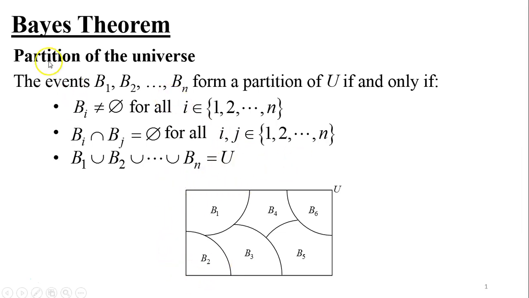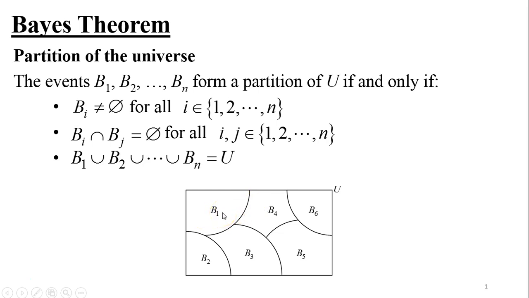Before we go through the conditions of these n events forming a partition of U, let's just go through the diagram. As you can see in this diagram, I have included 6 events that form a complete partition of the universe U. You can see that the events are totally disjoint.